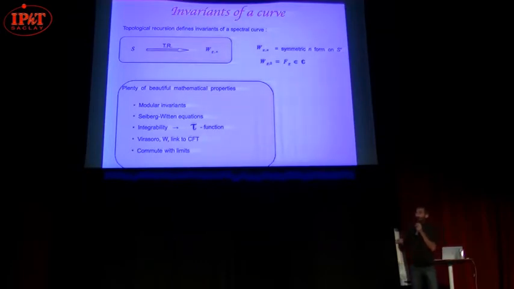Out of them, you can build tau functions, integrability, solutions of Hirota equations. You can find solutions to Virasoro equations. And they have nice behavior under limits, which is usually something very hard to obtain. So they are really beautiful mathematical objects. And in the recent developments, we are really studying how they are related to tau functions.